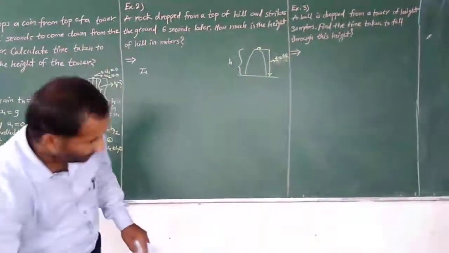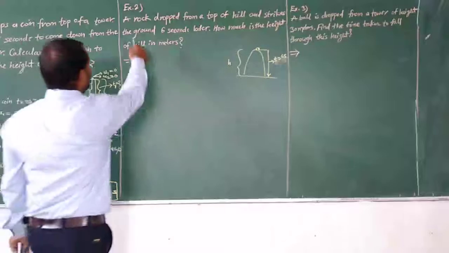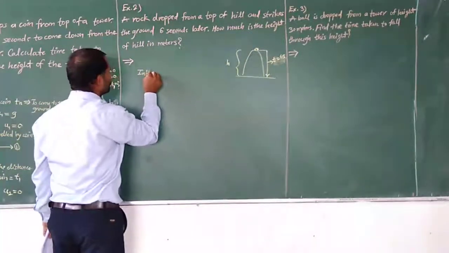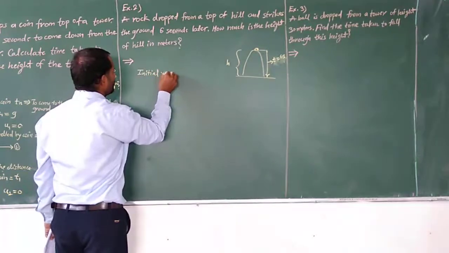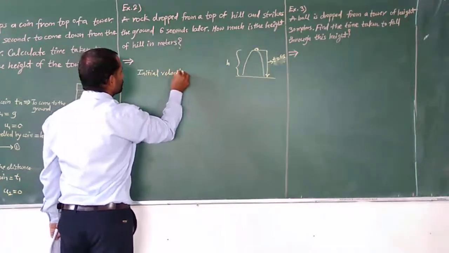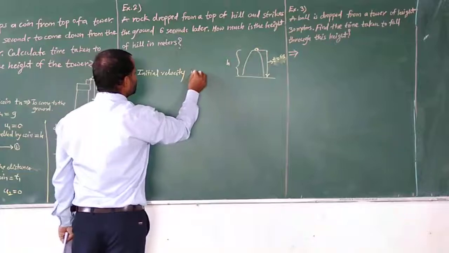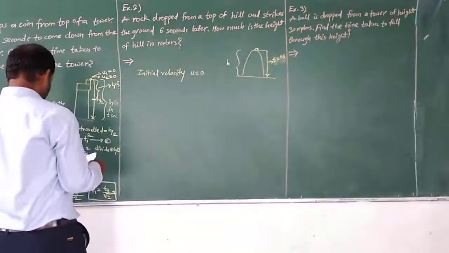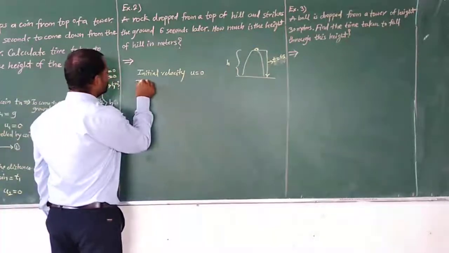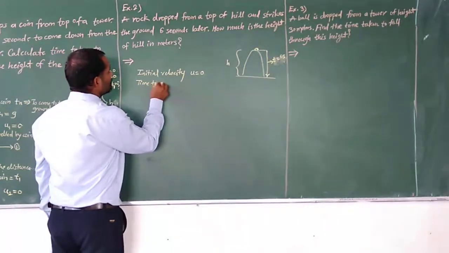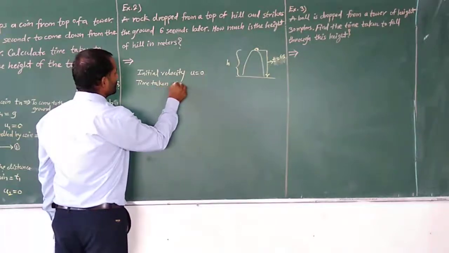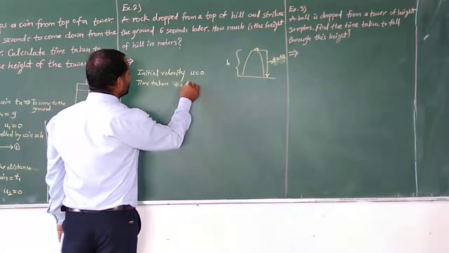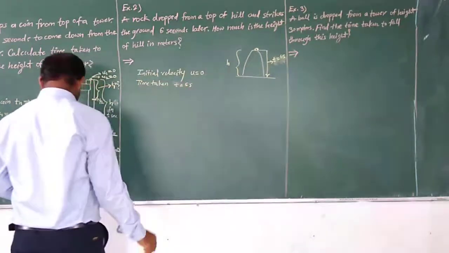Here a rock is dropped, so the initial velocity u is 0. The time taken is given, t is equal to 6 seconds.